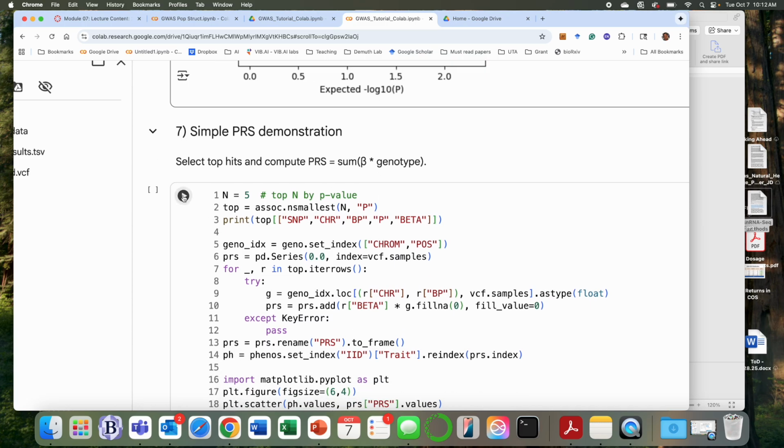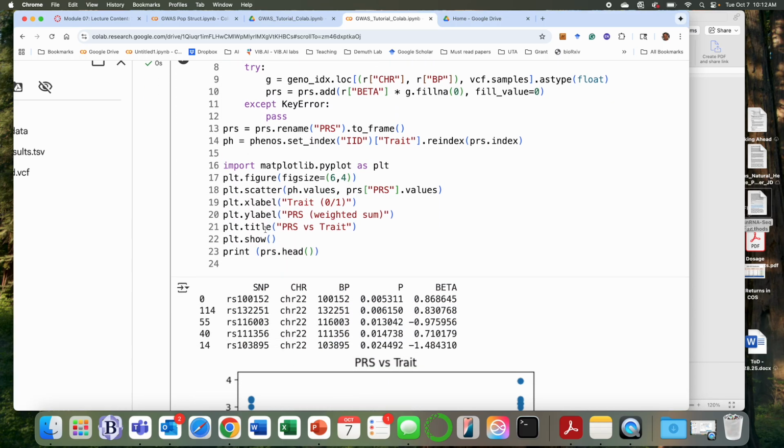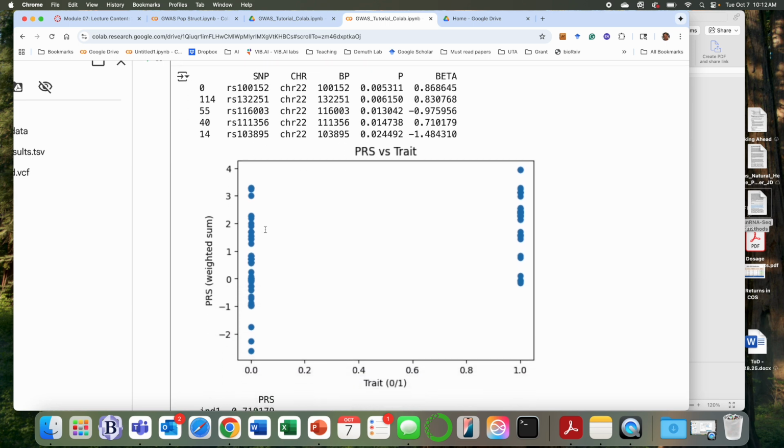Polygenic risk score. This is one of the things that I've sort of cut for time. Something that somebody could do as a project is work with real human data and generate polygenic risk scores. What is that? Many human phenotypes, not too surprisingly, are not caused by a single mutation.